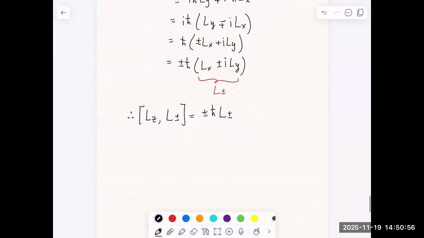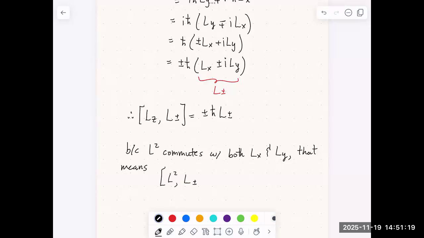So what are we going to do with this? What we're going to do is we're going to say because L squared commutes with both Lx and Ly, that means that the commutator of L squared and L plus minus is equal to 0.